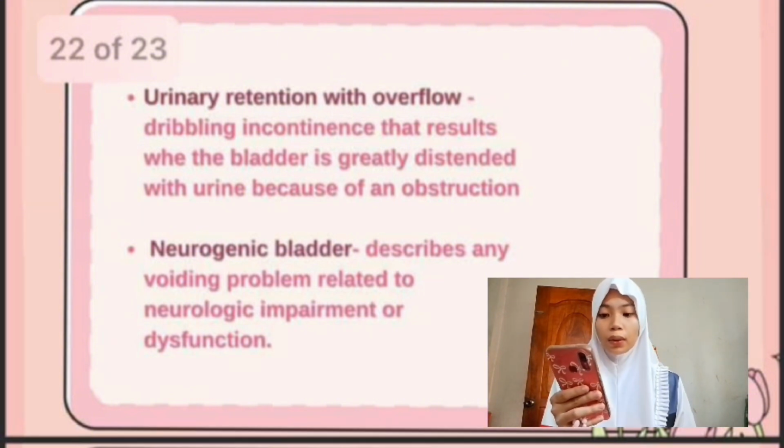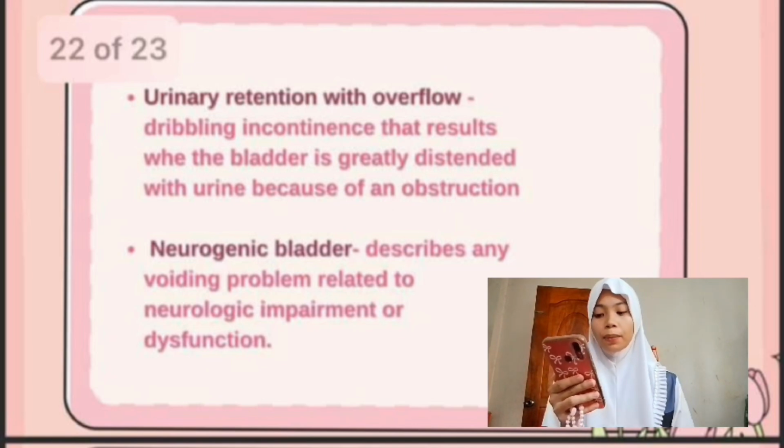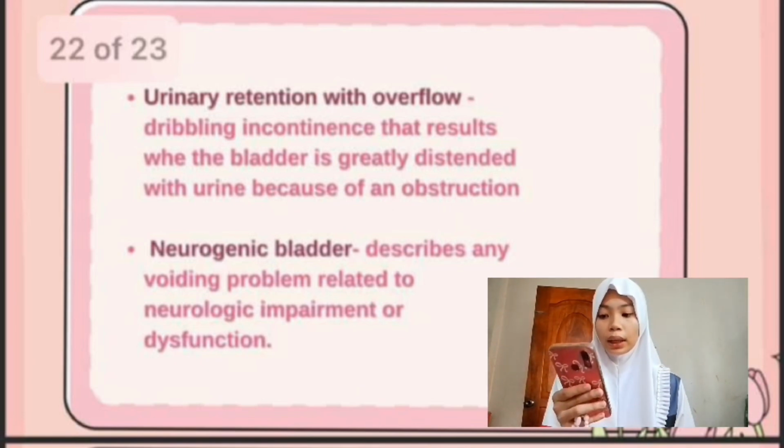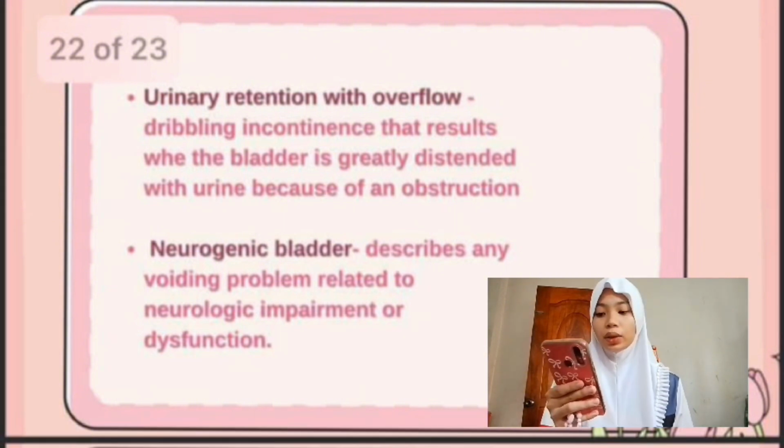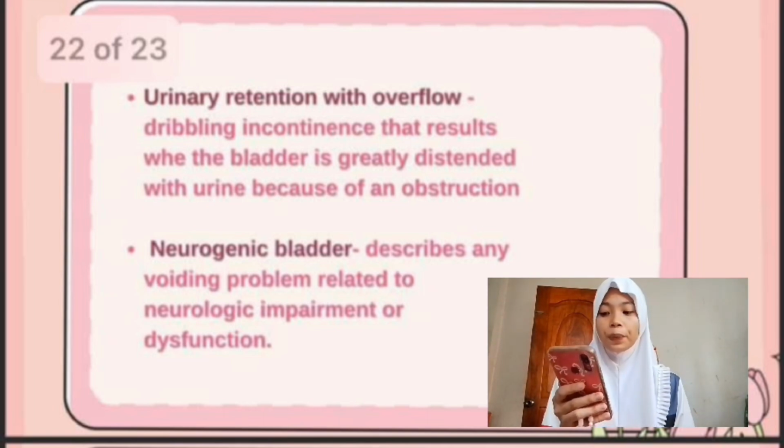This overflow occurs because the bladder cannot hold any more urine and pressure builds up, leading to uncontrolled leakage, often in small amounts. This condition can be caused by a variety of factors, including bladder outlet obstruction such as an enlarged prostate in men, nerve problems, or weak bladder muscles.